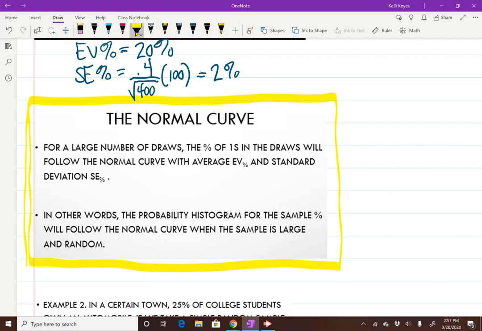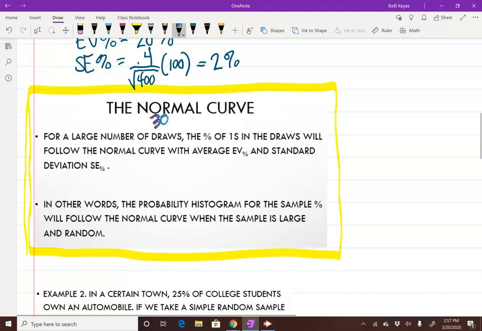So as long as we have this large number, and maybe you're wondering, what the heck defines a large number? Usually for the central limit theorem to apply, which is what this is, and I'll talk more about that in the future, we like it to be a minimum of 30. Like 30-ish is our large number.